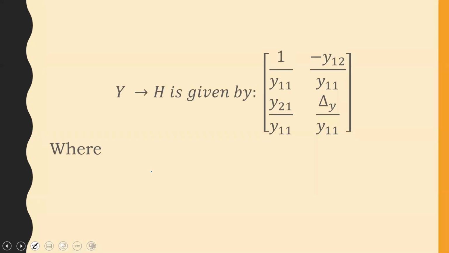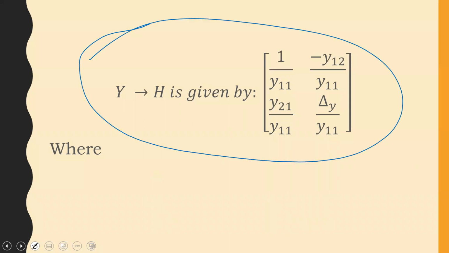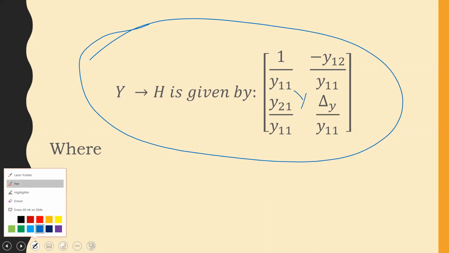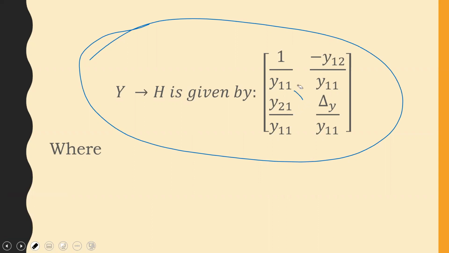So this is the matrix that we're going to be using to convert. Where delta, all right, we talk about delta. Delta Y, that's just the determinant, eh? Yes, sir.